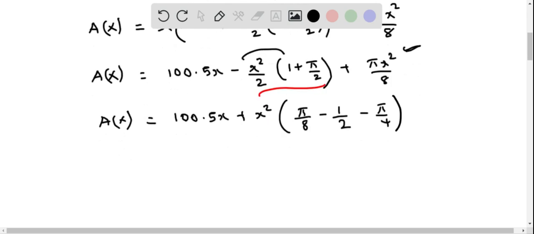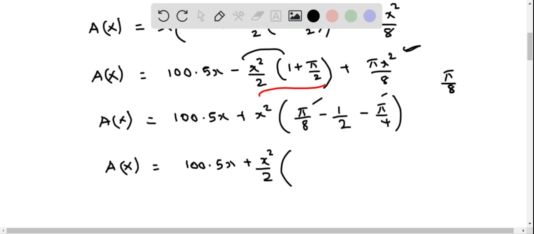Now we will simplify this. So A of x equals 100.5x plus x squared times this bracket. We can combine these two terms and simplify. This is pi by 8 minus pi by 4. To make a common denominator, I multiply the second term by 2 and divide by 2.